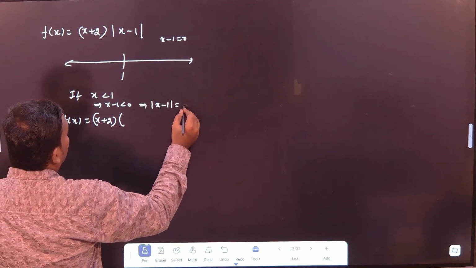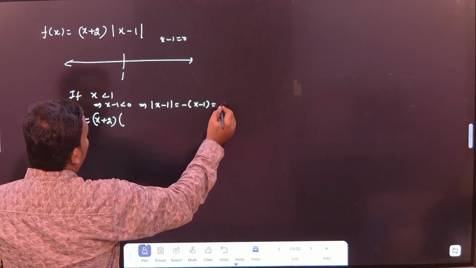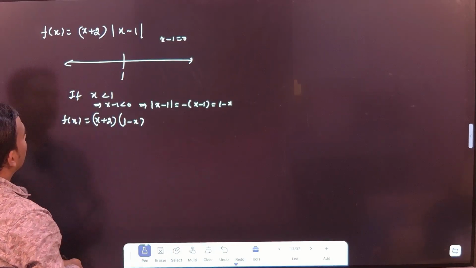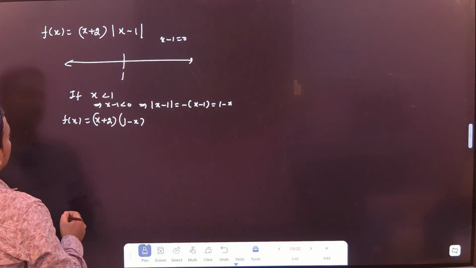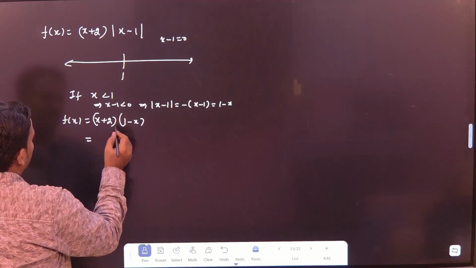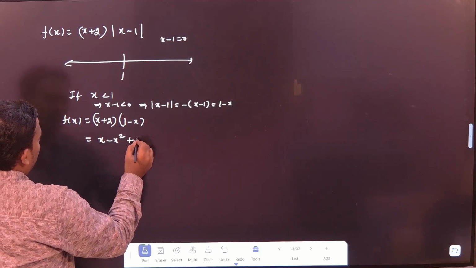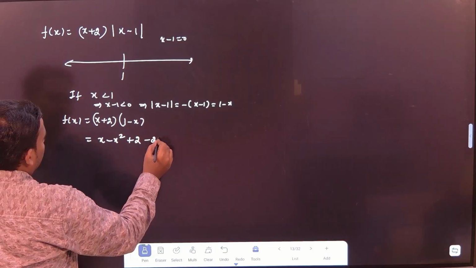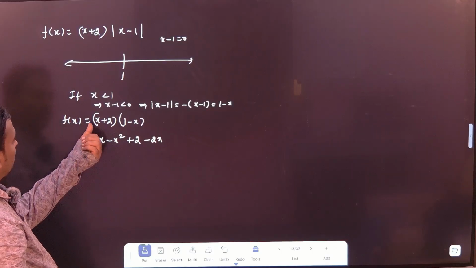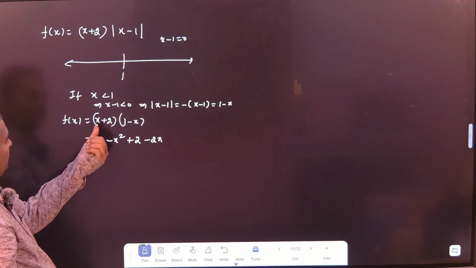Okay, fine. So if you multiply this, x minus x square plus 2 minus 2x, right? Understood?